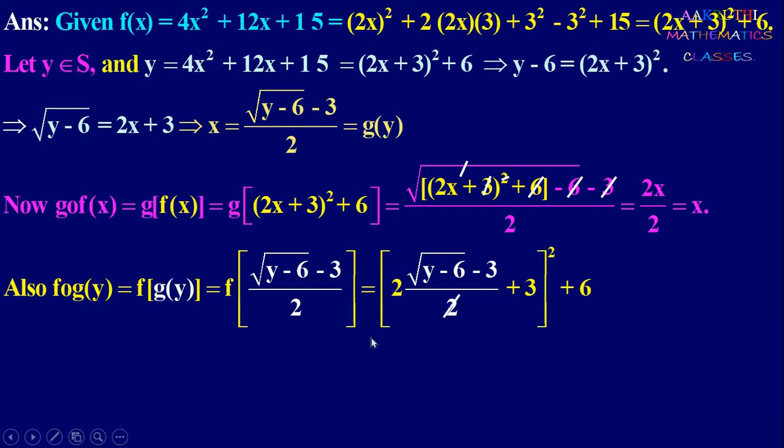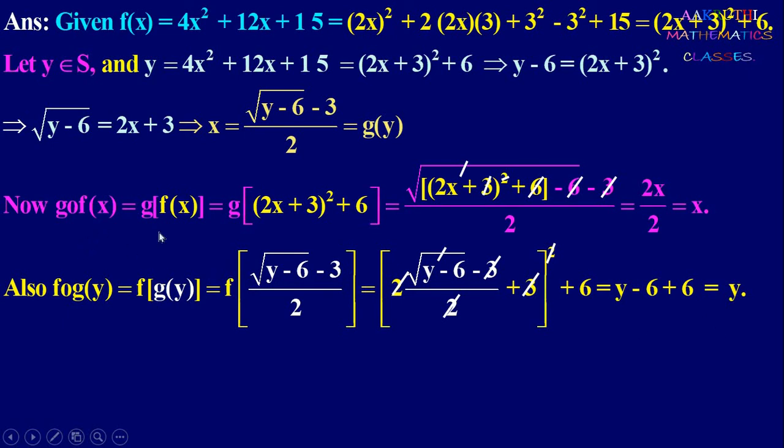Here first we cancel 2, remaining is √(y−6) − 3 + 3. Again we cancel minus 3 plus 3, remaining is (√(y−6))². Again we cancel square and square root, remaining is y − 6 + 6. Plus 6 minus 6 cancel, remaining is y. Therefore f∘g(y) is y.